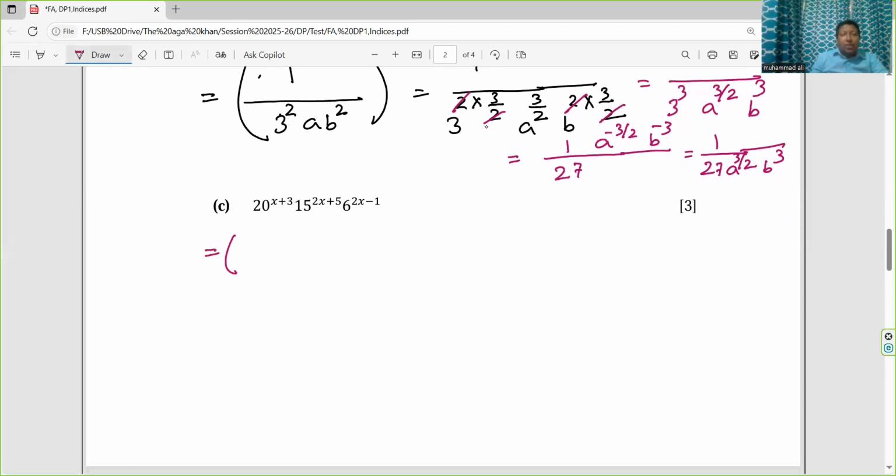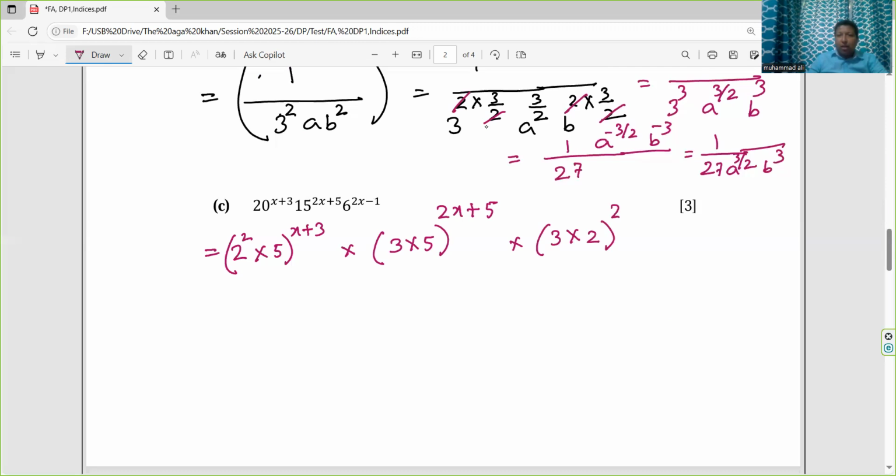Instead of 20, we can write 2 square multiply 5, power is x plus 3. Multiply, instead of 15, we can write 3 multiply 5, to the power 2x plus 5. And instead of 6, we can write 3 multiply 2, to the power 2x minus 1.